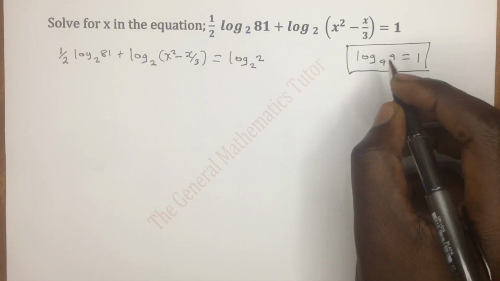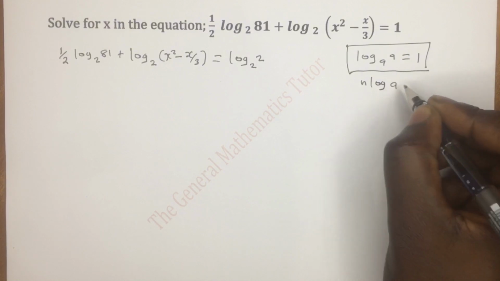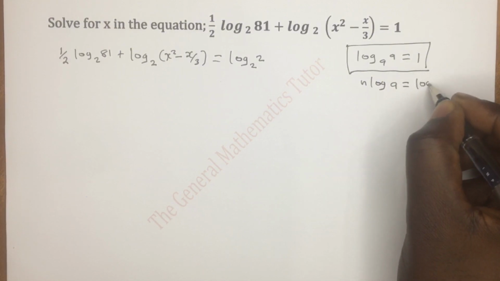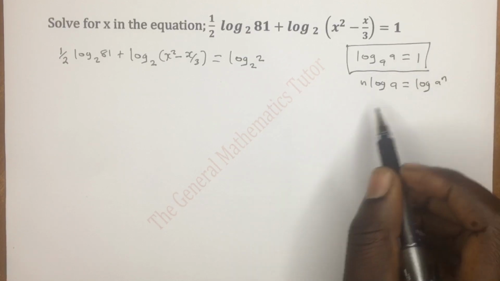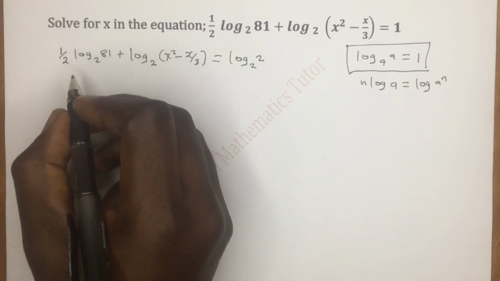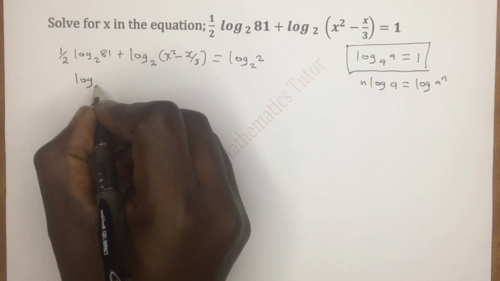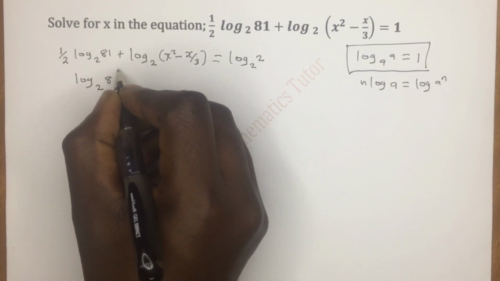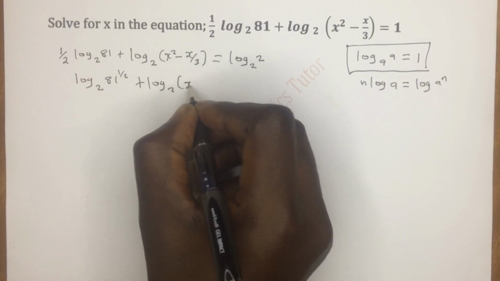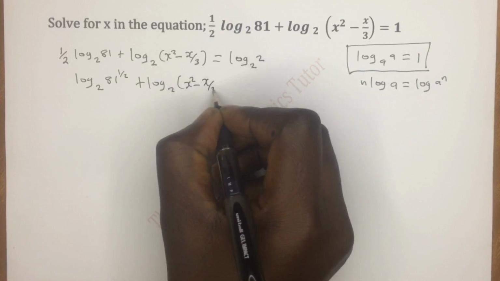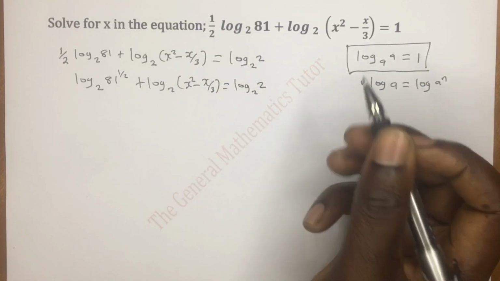According to the third law, if you have n log of a, you can write that as log of a raised to power n. So we have log to base 2 of 81 raised to power half plus log to base 2 of (x squared minus x over 3) is equal to log to base 2 of 2.